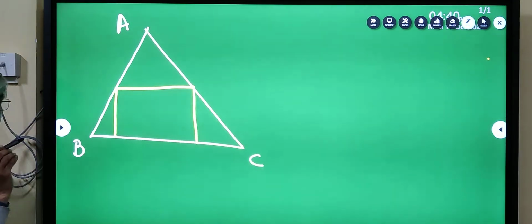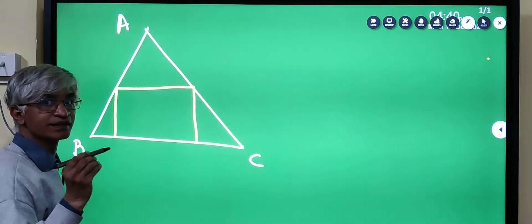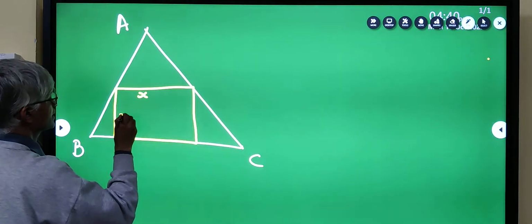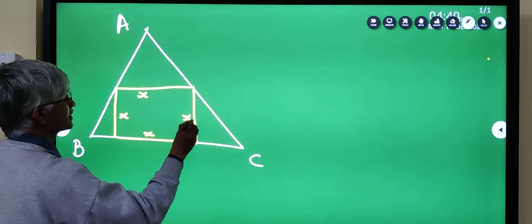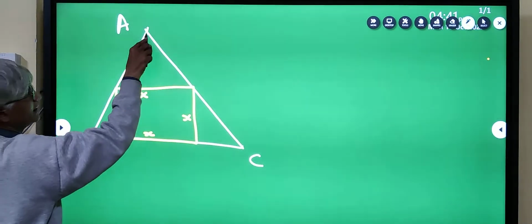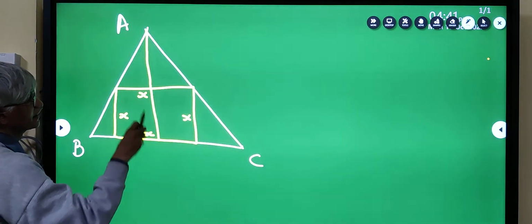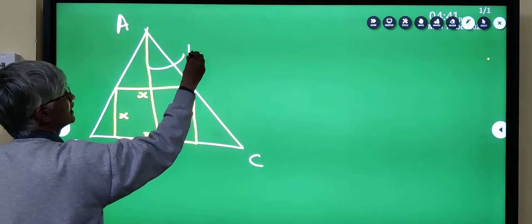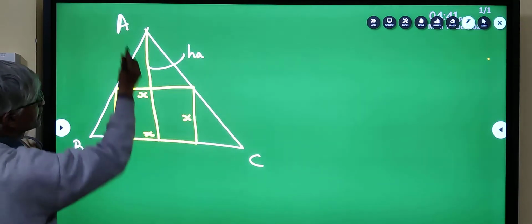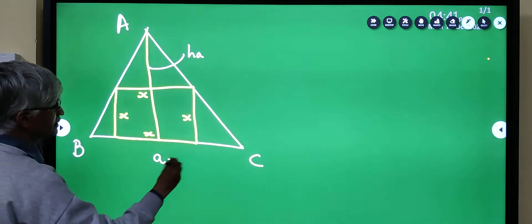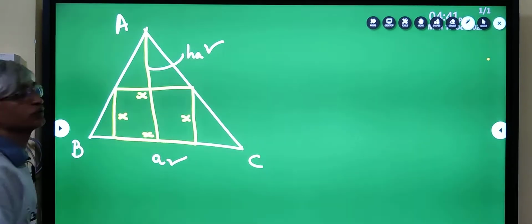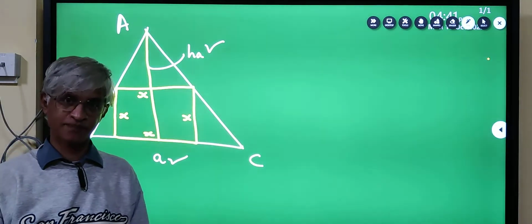So let's call the side X, X, X, X, and of course 90, 90, 90. Now the height from here is given as HA, and the side opposite angle A, which we call A, is given, HA is given, and you are supposed to find out the value of X.